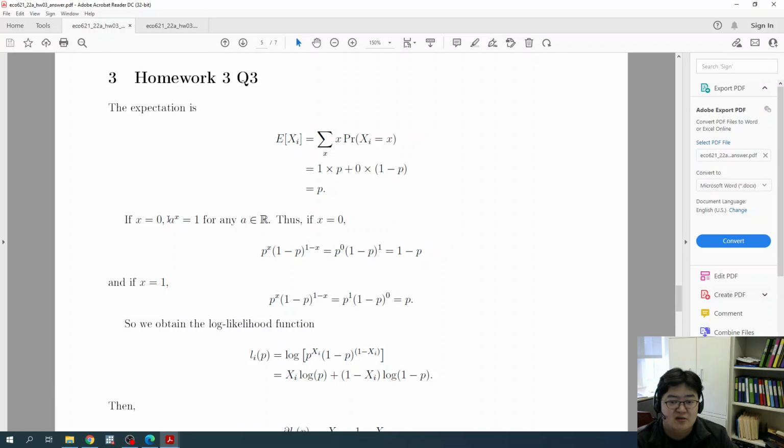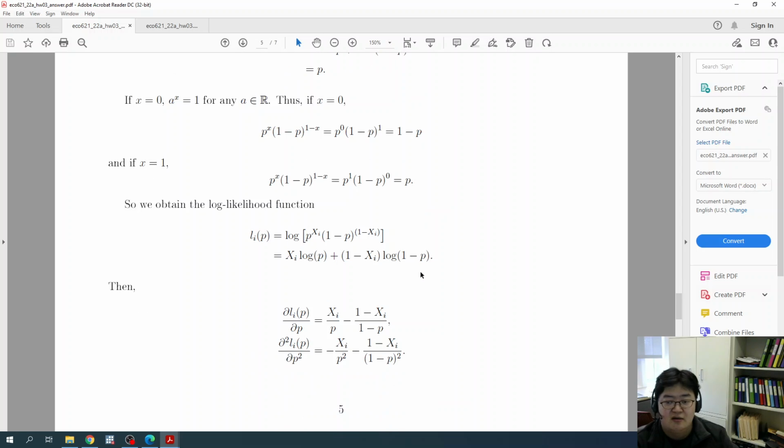So the idea is something to the exponent of 0 is 1, right? So if x is 0, this becomes 1, and this becomes 1 minus p. So simple. The other case, also straightforward. Nothing much to say.